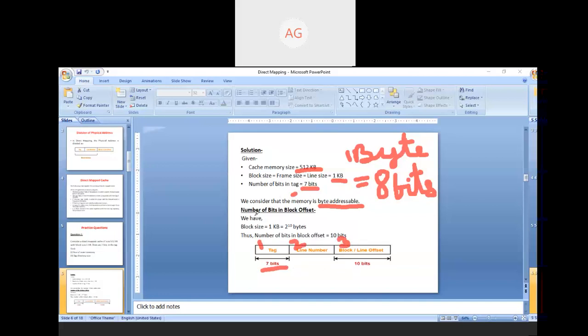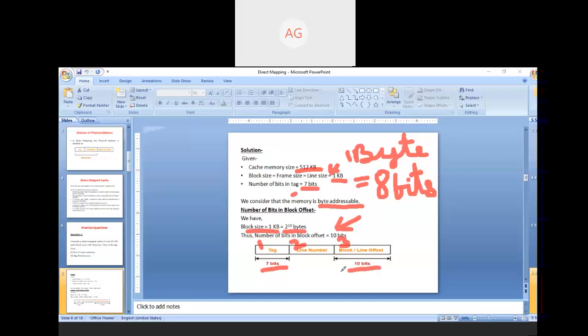Now we need to find the number of bits in the block offset or the line offset. Here block size is given as 1 KB. So 1 KB is equivalent to 2 to the power 10 bytes. So the number of bits in block offset is 10 bits. So the block or line offset consists of 10 bits.